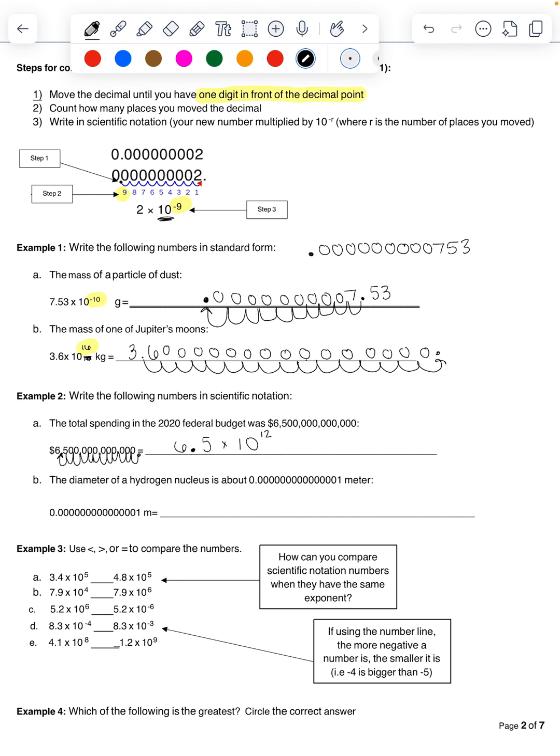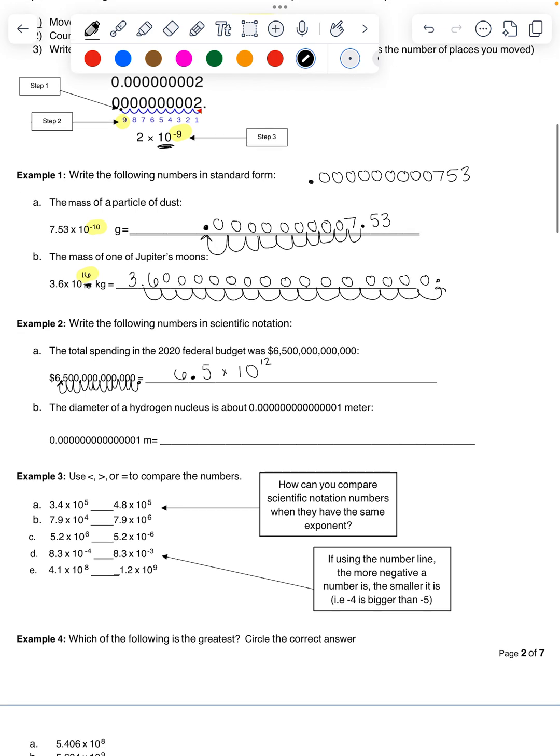The diameter of a hydrogen nucleus is a very, very small number of a meter. So let's move the decimal. 1, 2, 3, 4, 5, 6, 7, 8, 9, 10, 11, 12, 13, 14, 15.